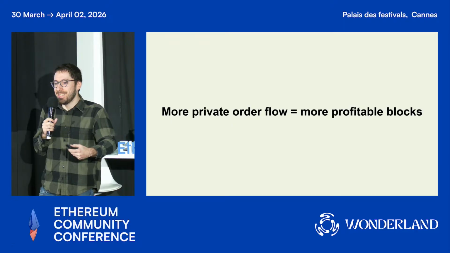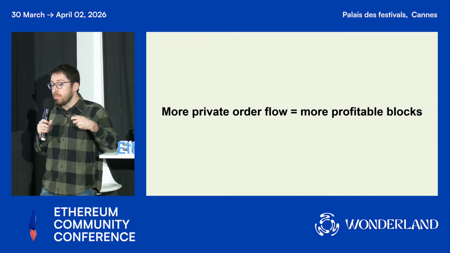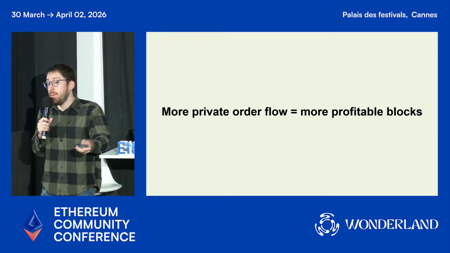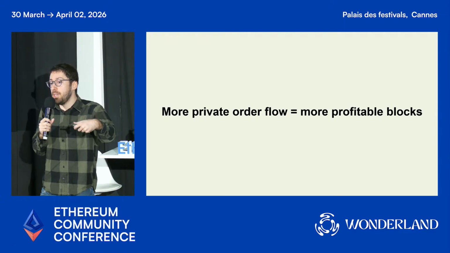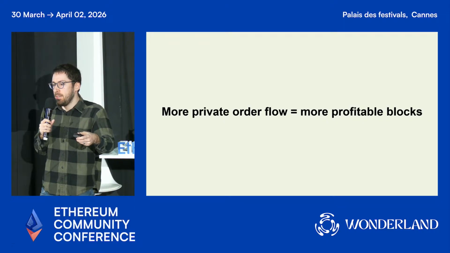But what they're essentially saying is these builders are paying for private order flow so that they can trade based on it. Sometimes that's things that are good for users. For example, if they see that someone's making a massive swap, they might go in and provision liquidity ahead of that swap so that there's enough liquidity to absorb it.